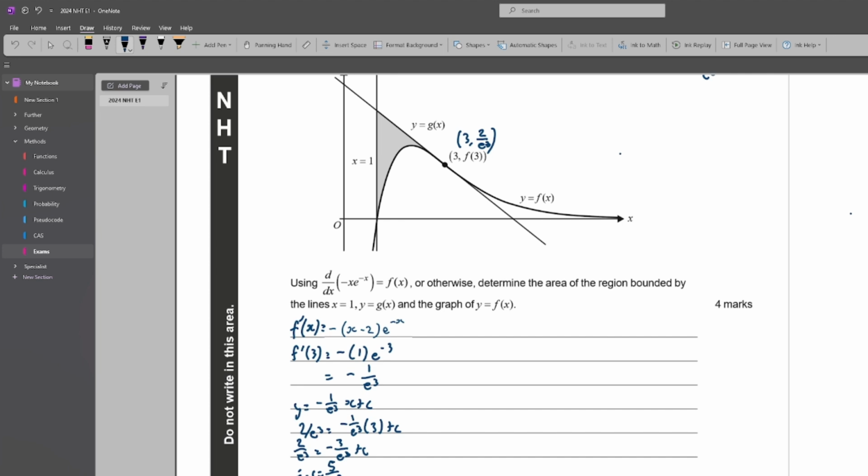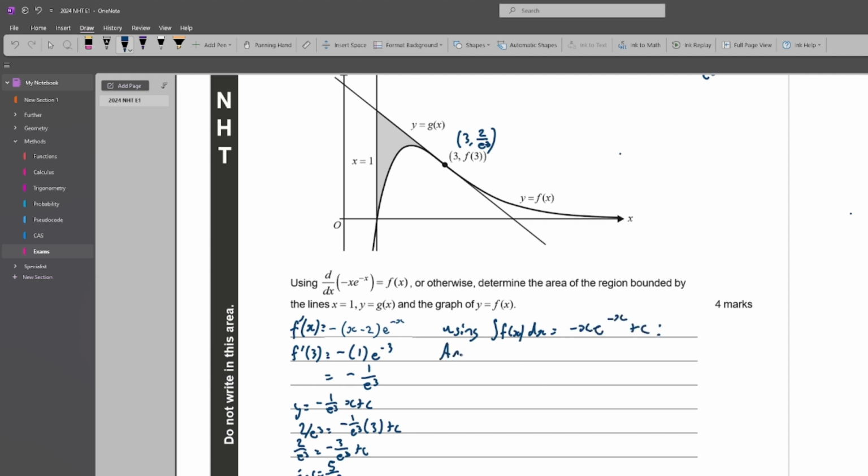And we're finding that so that we can integrate the tangent minus the curve to find the area between them. Now, when it comes to integrating the curve, we're going to use the recognition that they guide us towards here. If the derivative of this is equal to the curve, then the antiderivative of the curve is equal to this. So the antiderivative of f of x dx equals negative x e to the negative x plus c.